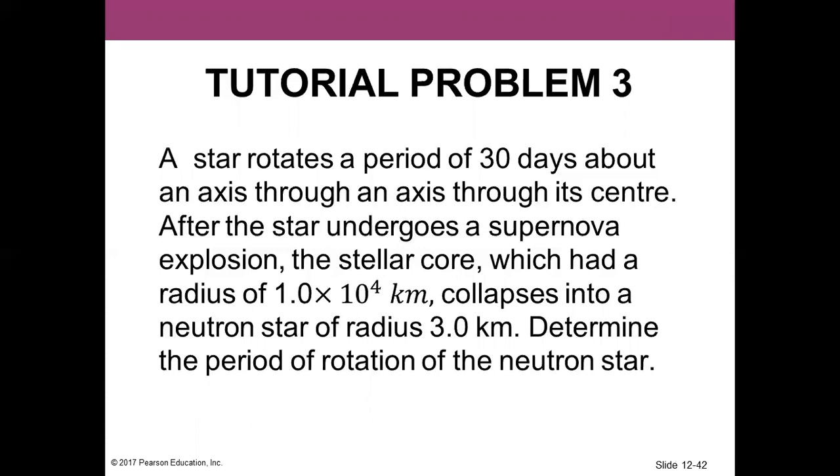After the star undergoes a supernova explosion, the stellar core, which had a radius of 1.0 times 10 to the power 4 kilometers, collapses into a neutron star of radius 3 kilometers. Now you need to determine the period of rotation of the neutron star.